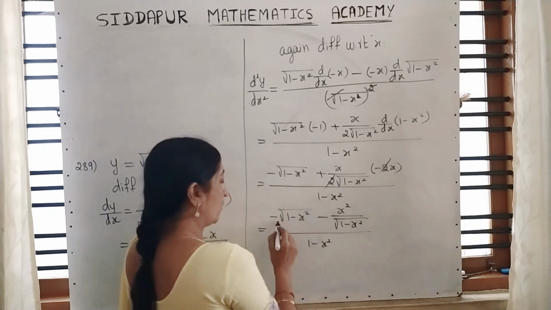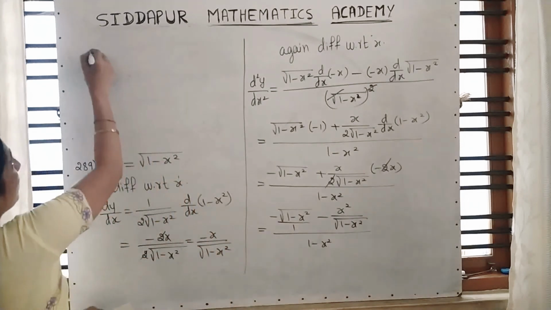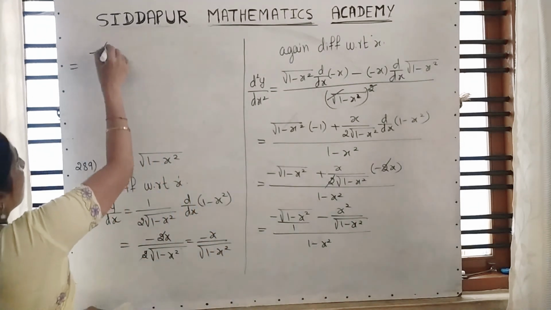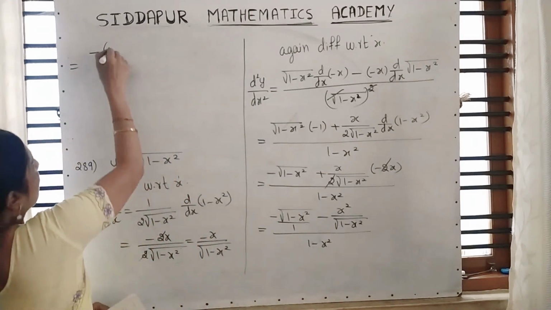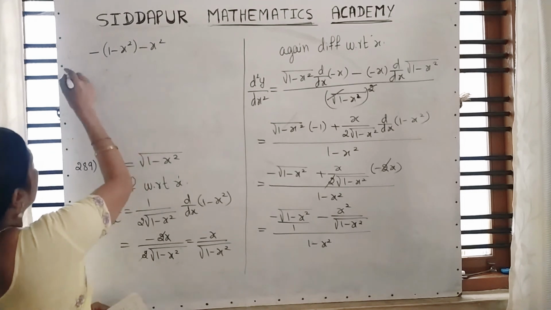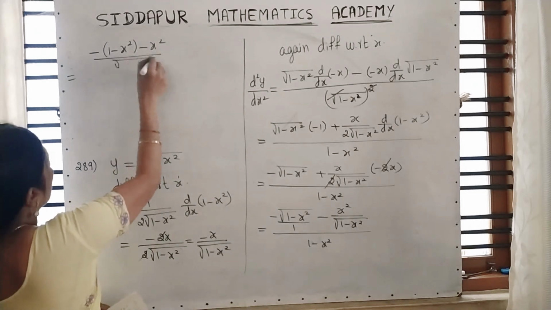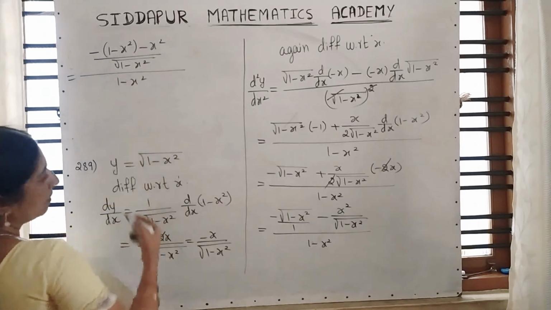See, if it is root 1 minus x square, it is nothing but upon 1. Take the LCM and remember outside minus is there. If you take the LCM, this root and this root multiplied, root gets cancelled. Minus x square upon root of 1 minus x square, whole upon 1 minus x square.